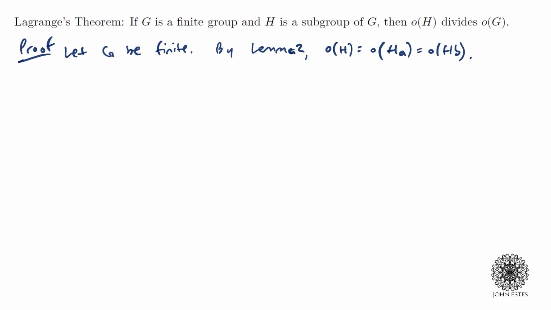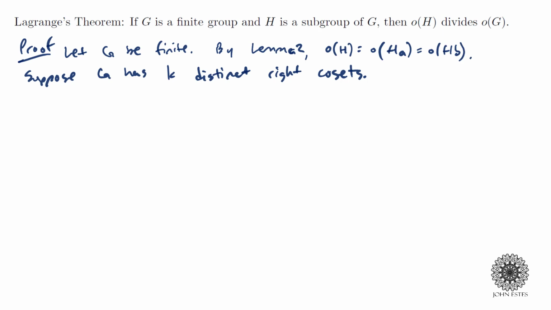And we also know, or we can suppose, that G has some number, let's say k, of distinct right cosets. We already know from Lemma 1 that the cosets make up every element in the group, and each element only goes into one coset.